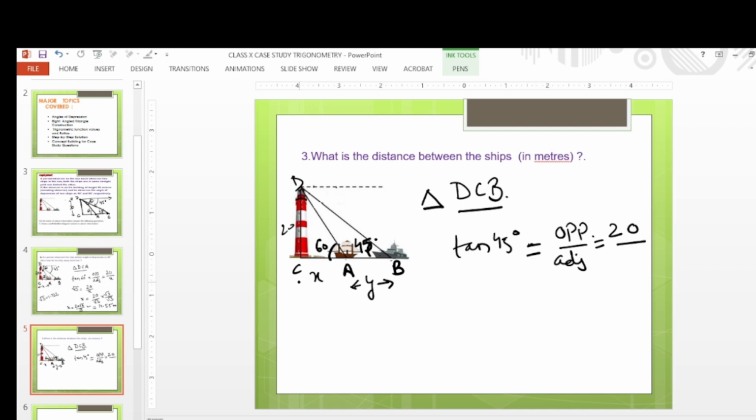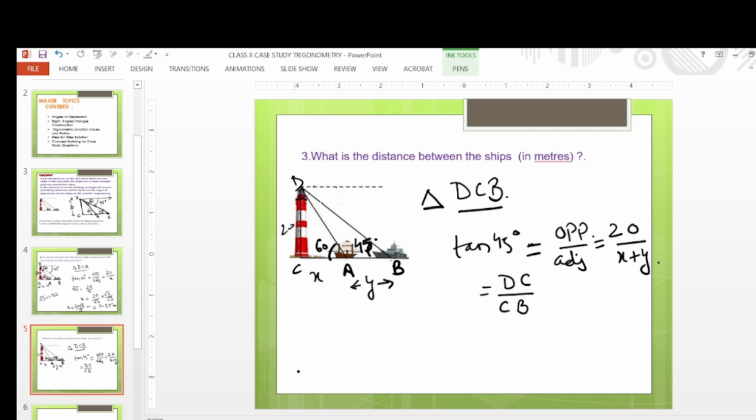And what is the adjacent side? The base, that is x plus y. X is this distance and y is here. Right now we are taking this triangle, okay? We have to take CB as the base. Is it okay, students? We'll take opposite DC upon base CB. So CB is x plus y.